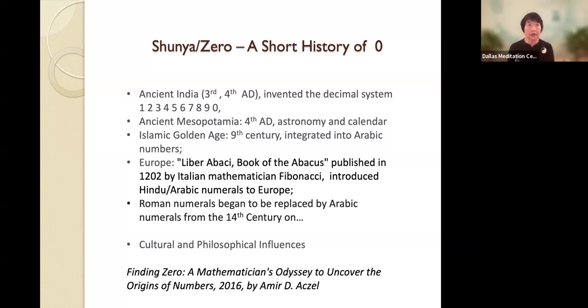The consensus of research is that Islamic traders learned this number system and then started to integrate it into Arabic numbers. And in Europe, they didn't use this number until much later.